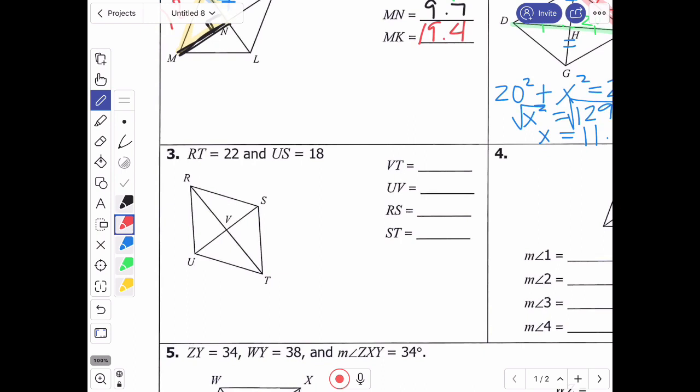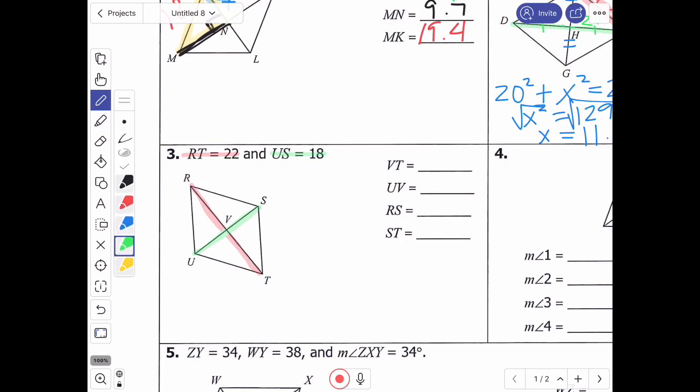Okay, 3 is a lot like 1 and 2, so if you want to try this on your own really fast, I'd pause it. And now I'm going to keep going. So RT is 22. RT is this diagonal. And US is 18. US is this other diagonal.